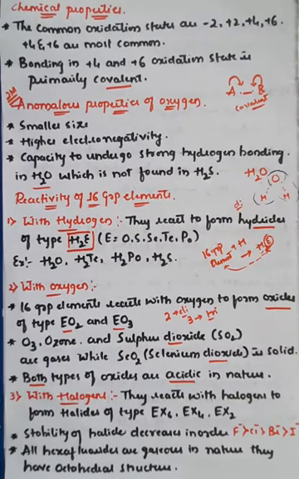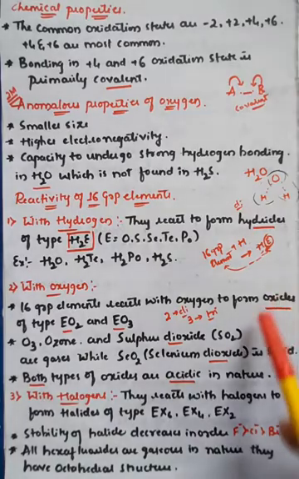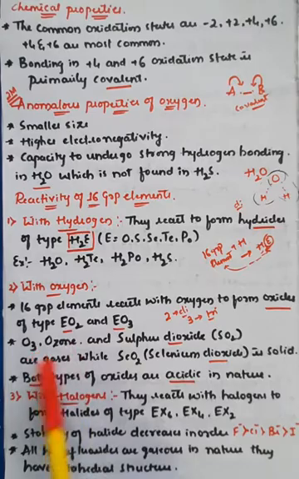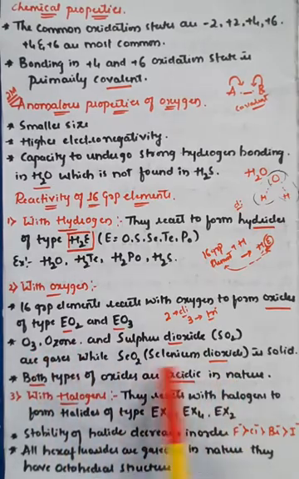One is with hydrogen, they convert into hydride, only one type, that is H2E, generally called dihydride. But whenever the 16th group reacts with oxygen, they convert into oxide form, of two types, dioxide and trioxide, and we have seen 2 to 3 examples, and both types of oxides are acidic in nature.